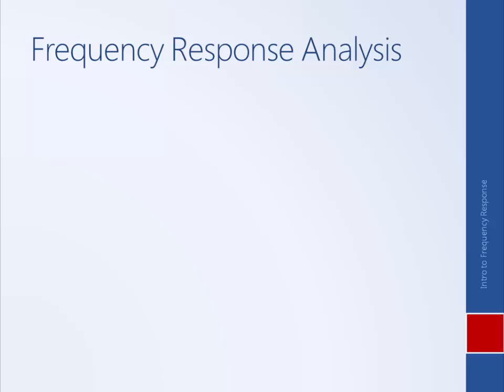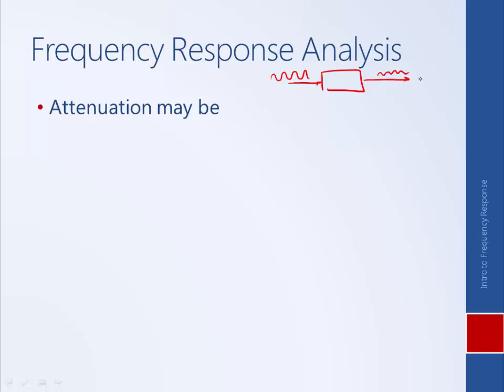So for a particular type of system and a particular frequency of input, we can get different scalings in the output. The output could be attenuated, it could have a smaller amplitude, or the output could have a larger amplitude. And this attenuation and amplification can both be good and bad depending on the particular situation.